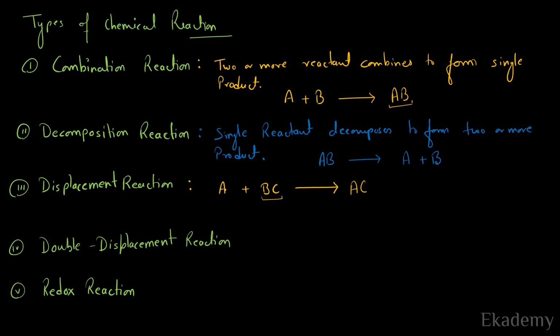This reaction will only happen when the reactivity of this A is more than the reactivity of B, and B is displaced. So the product will be AC plus B. We can see here that A is basically displacing B from this compound, and hence it is called displacement reaction. So we can write it down.